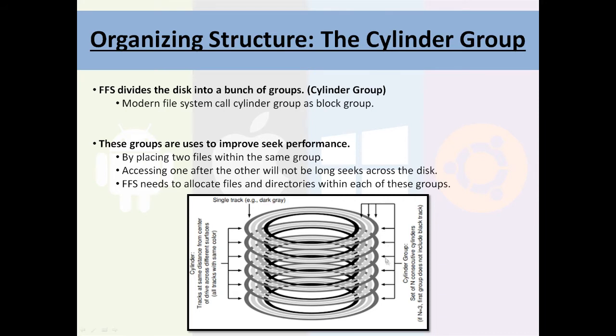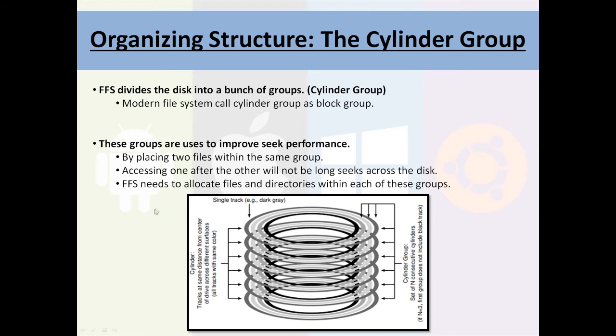What you can see here is that all these gray rings would be in the same group, and then the different shades of gray would each be in their own group. So that is how they divided their disk up.